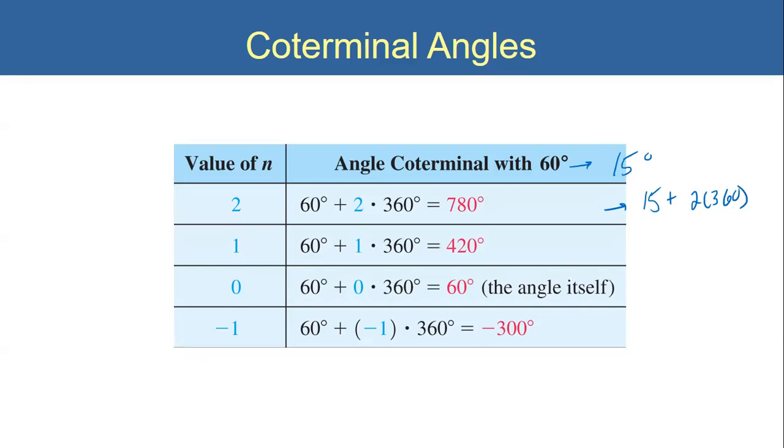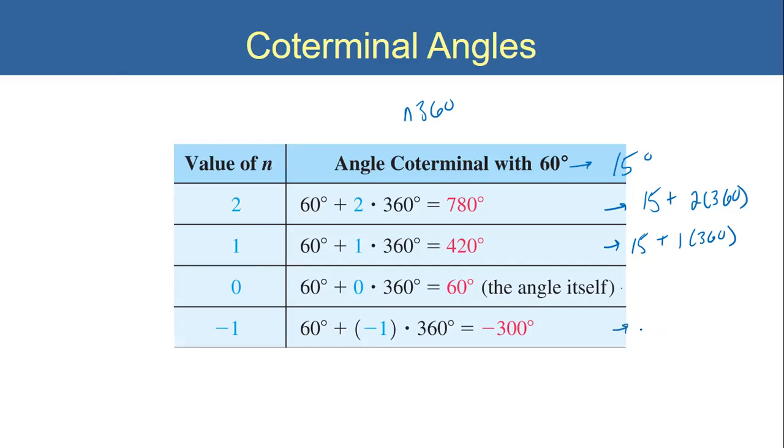Yeah. That's why I said your 60 is going to change. This part, the N times 360, is what stays the same. But your 60 can change. It depends on the angle that they're asking you for. Okay, so then here, 15, only 1 rotation. If I had no rotation, it's obviously going to be itself.